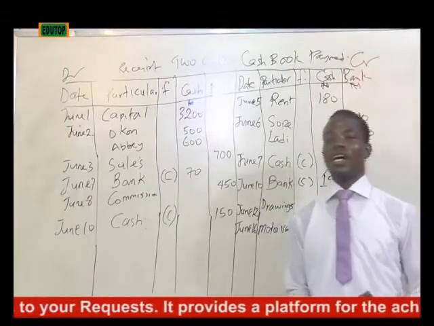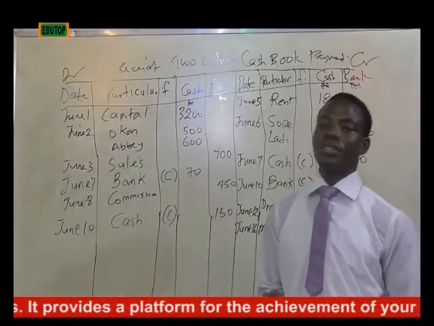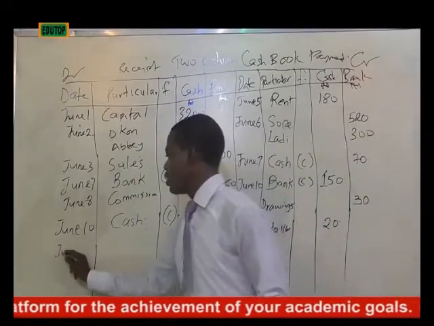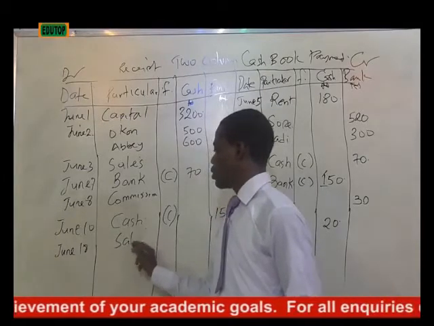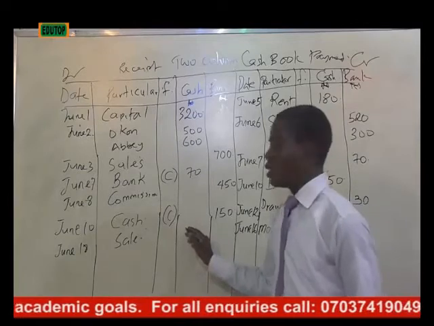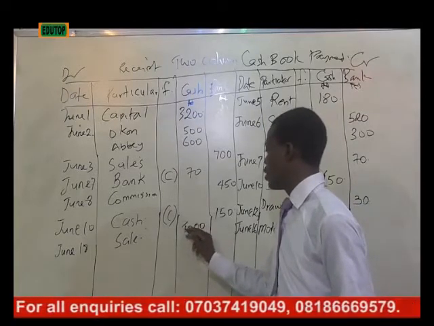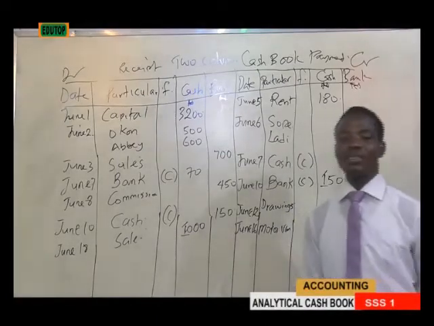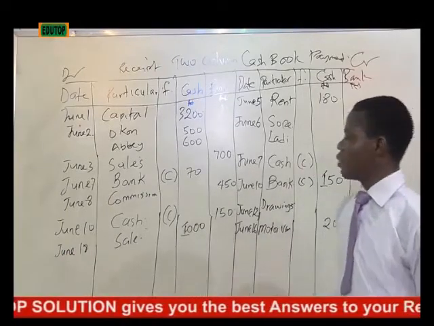Now we have another one. We have June 18, cash sales. June 18, sales, and you collect cash of 1,000 naira as the sales.